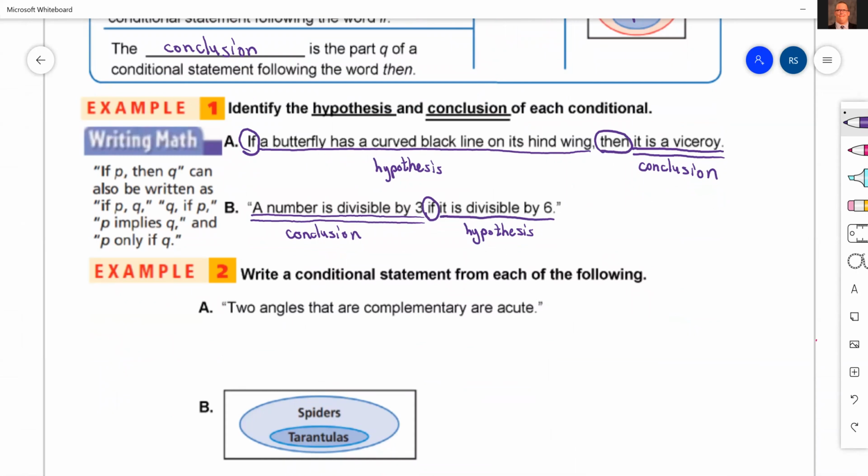Okay, for this last example, they want us to actually write some conditional statements. So write a conditional statement for each of the following. Two angles that are complementary are acute.